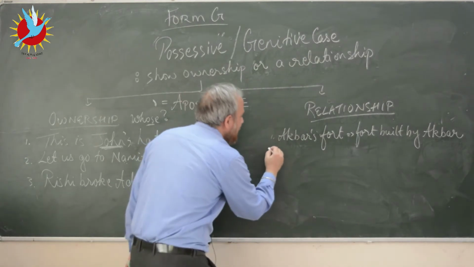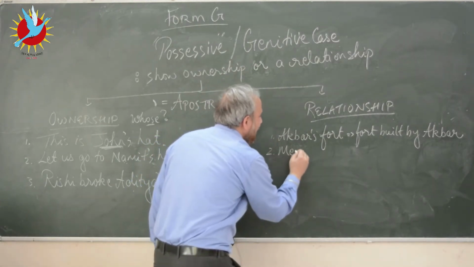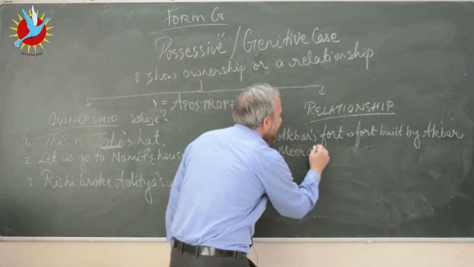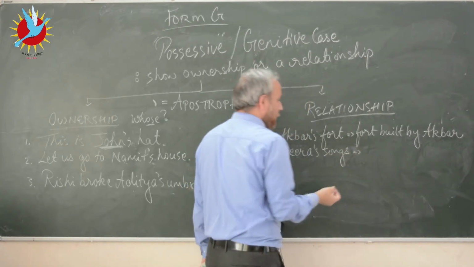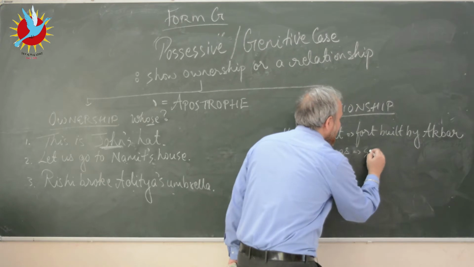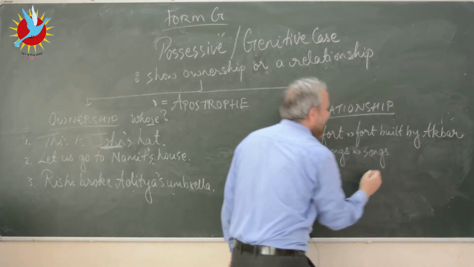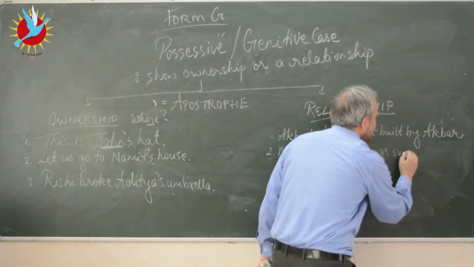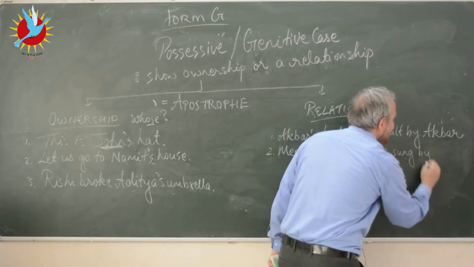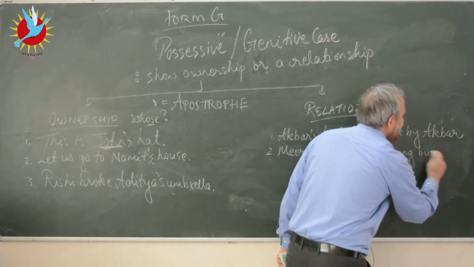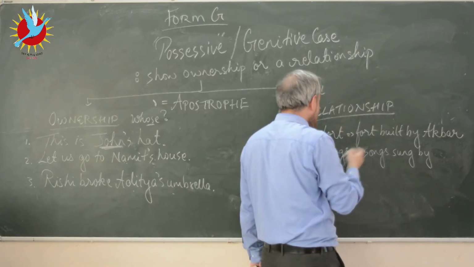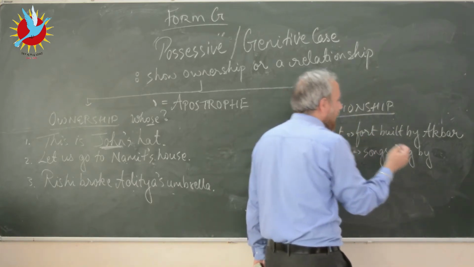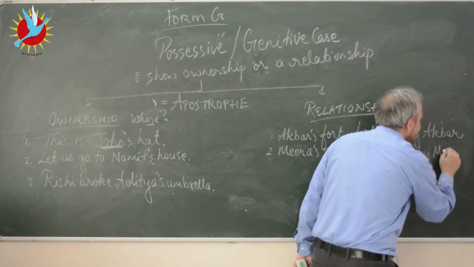Let's look at another example: Mira's songs. I mean to say that we are talking about the songs sung by or composed by Mira. And remember the rule about writing proper nouns: you have to capitalize the first letter.